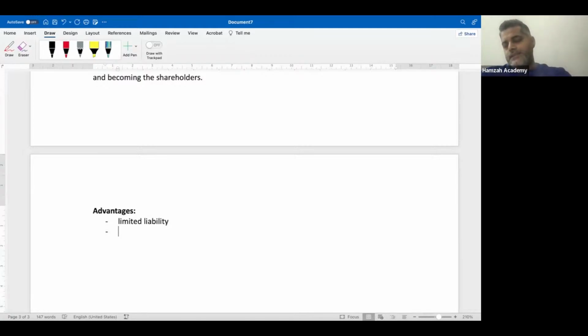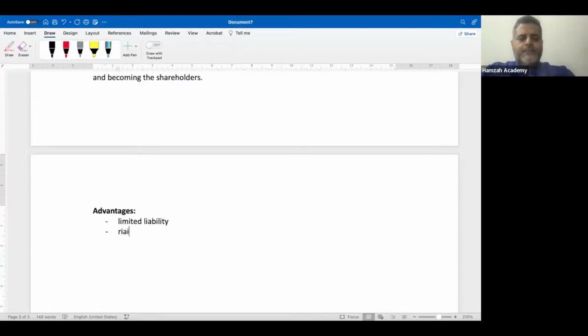But in a company, this is the advantage. If you make a formation in the company, nobody is going to come to you to collect the debt that the company has to pay, right? You are only going to be responsible up to the amount that you have already invested, and that is already over there. So nobody is going to ask you for anything extra, right?